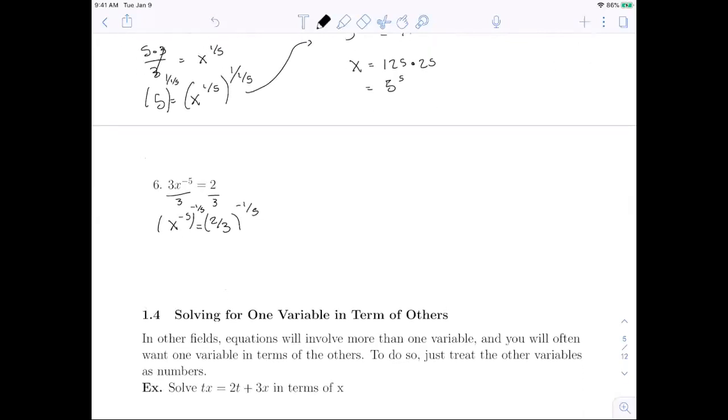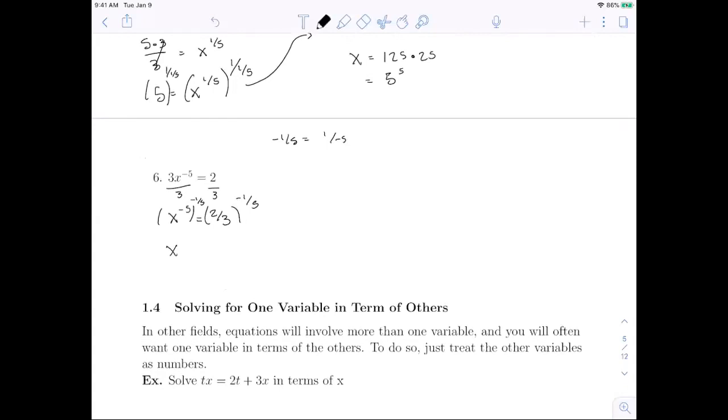Right. So -1/5 is the same as 1/-5. So that'll give me x equaling 2/3 to the -1/5. How can I simplify this a little further? Remember, we don't usually like negative exponents. So what can I do?